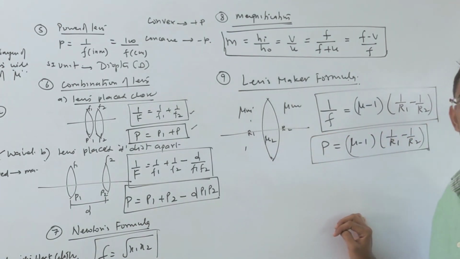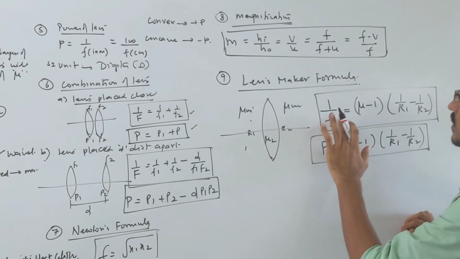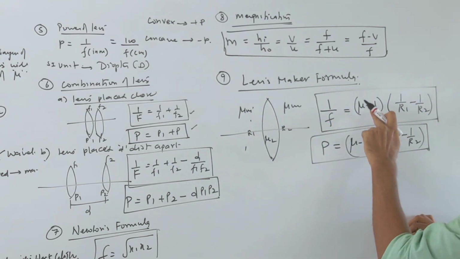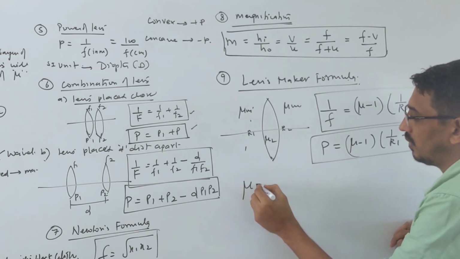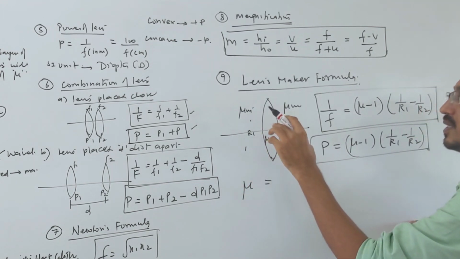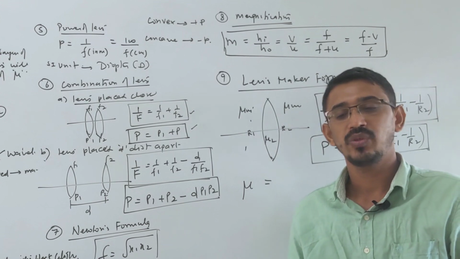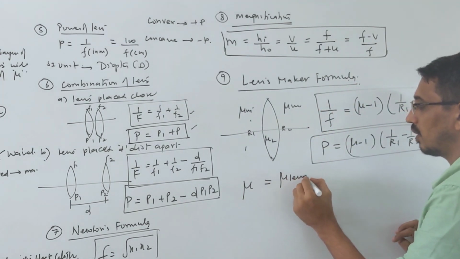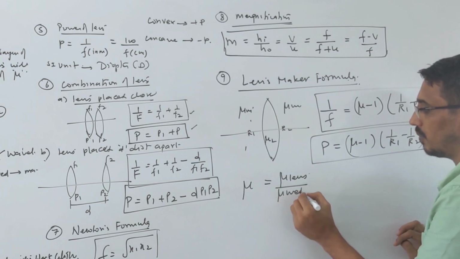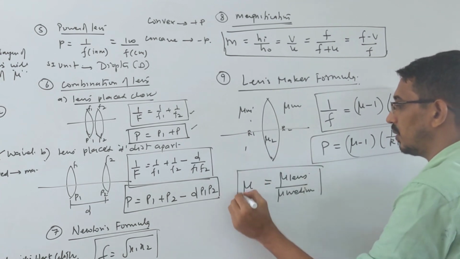Now what do you have to focus on in this formula? This is the focal length. Mu is a relative refractive index. Look here, what is mu actually? Relative: mu of the lens by mu of the medium. Always remember, it's very, very important. People do wrong here.